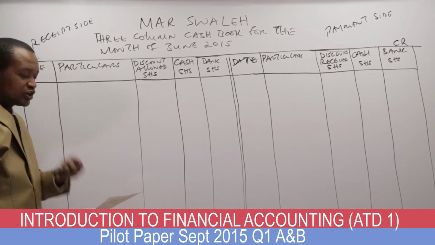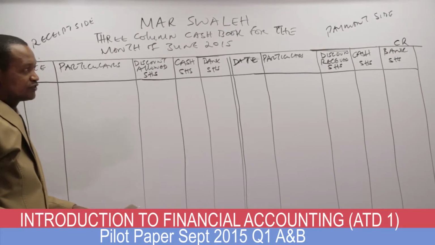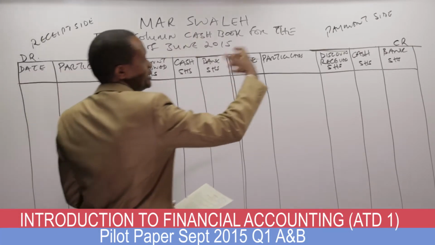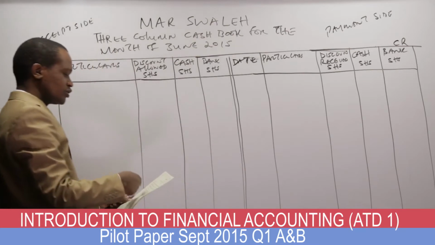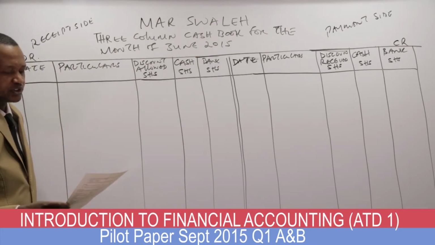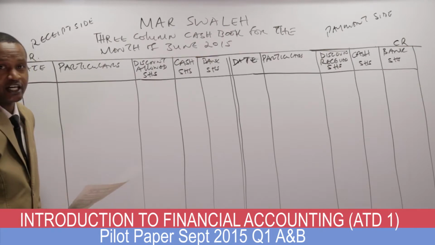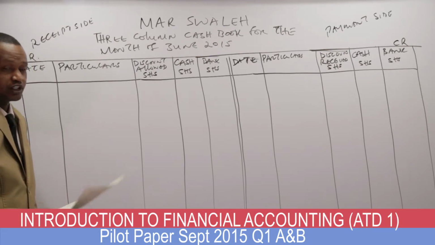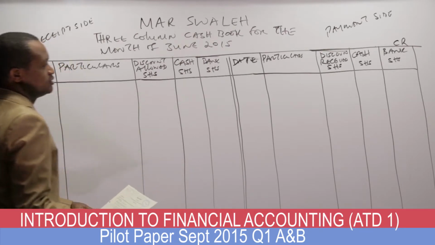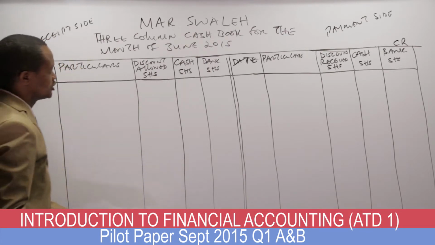So out of what you are told here, you ask yourself, is that a receipt or is it a payment? Like in this question, on July 1, we are told, started business with 216,500 in cash. You are told cash, started business, so the business has received cash.